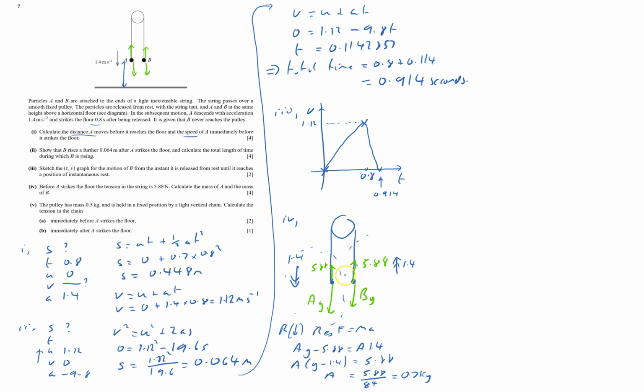And then I have to do the same thing with this side here for B, and for this one I'm going to resolve upwards in the direction of the acceleration and give me resultant force equals mass times acceleration.